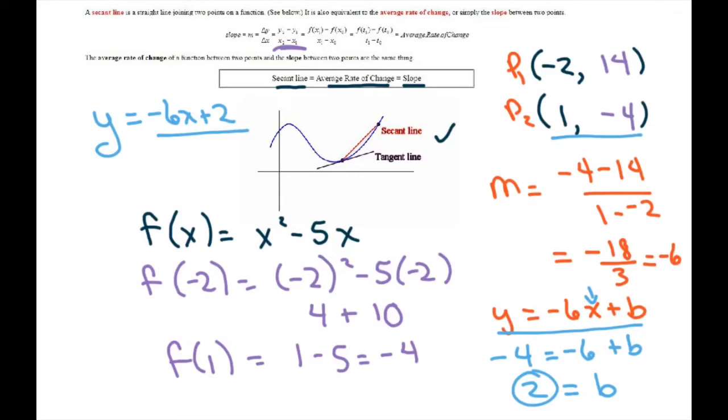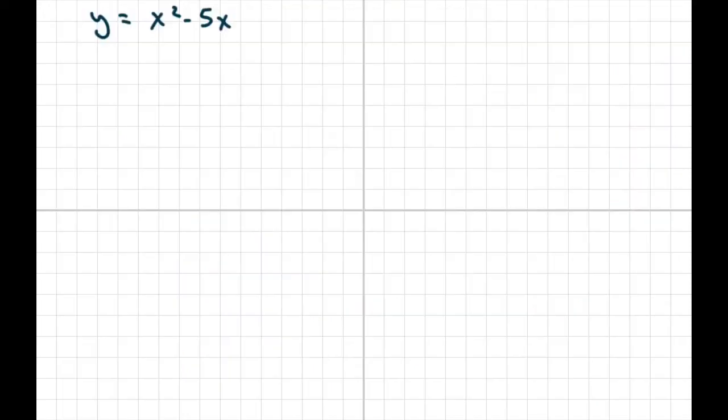And so let's graph this, and I got to remember these real quick. I should write them down. -2, 14, 1, -4. So -2, 14, and I already forgot. 1, -4. Now, if you look at this, you know your y-intercept and x-intercept are both 0, 0.